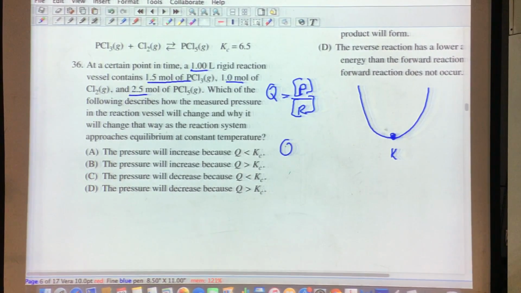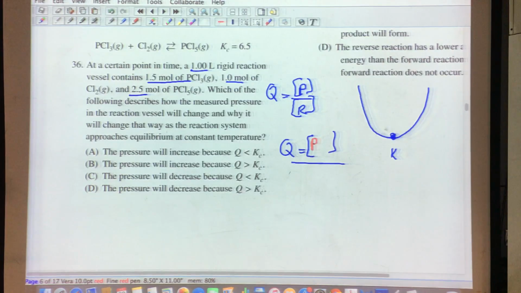So what's my Q? My Q is going to equal my product, PCl3, which is 1.5 to the first power, over the reactants. The reactants is PCl3, which was what that was. Thanks for correcting me. Okay, so let's just write it out because I'll make mistakes.